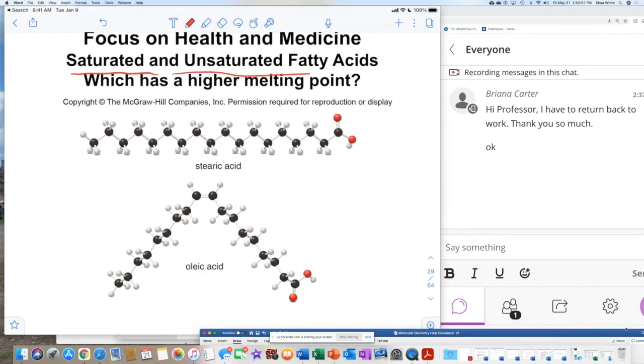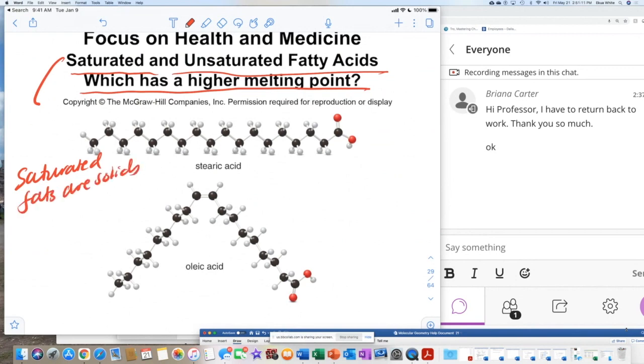Saturated and unsaturated fatty acids. Which of these two has a higher melting point? I'll tell you right now. Saturated fats are solids at room temperature and have high melting points.